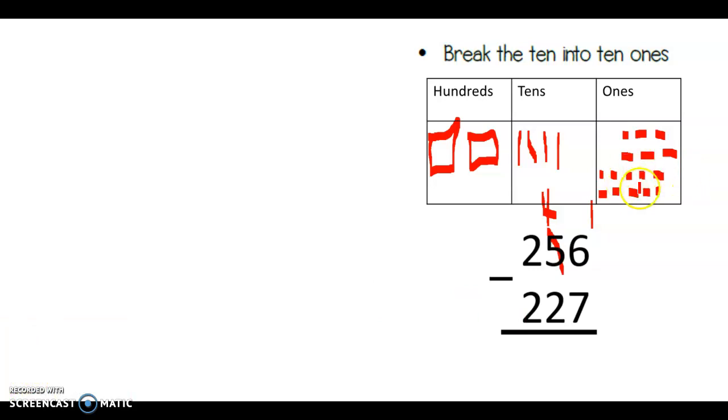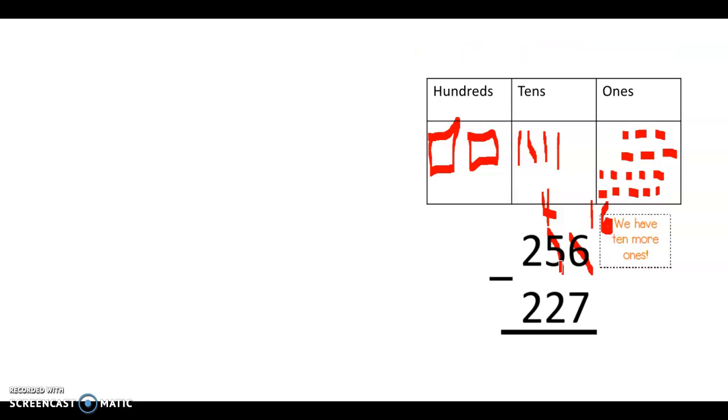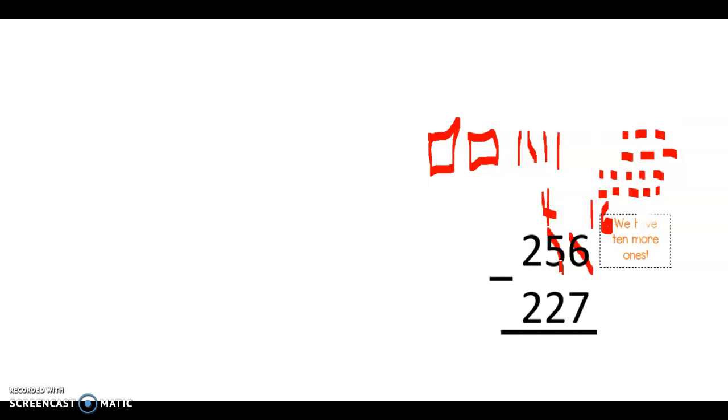And when we add our 10 ones that we've borrowed from the tens place and our 6 ones we started with, we now have a total of 16 ones. So we've got 10 more ones because 6 plus 10 is 16.